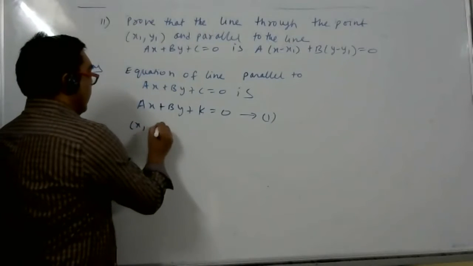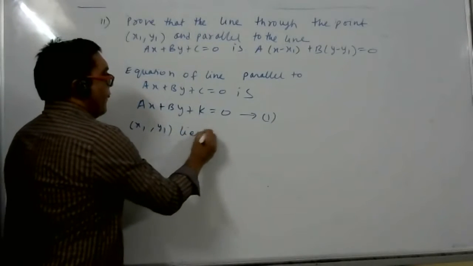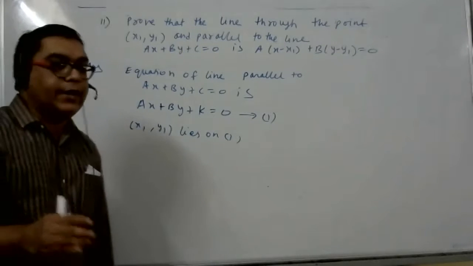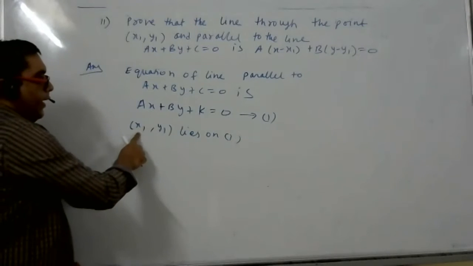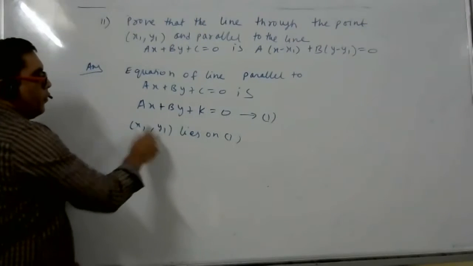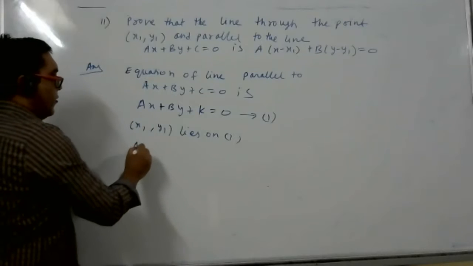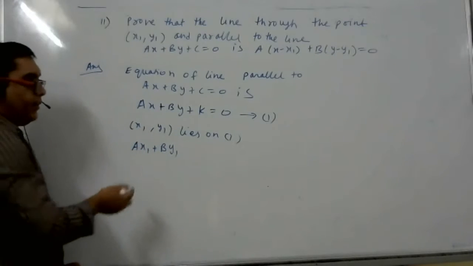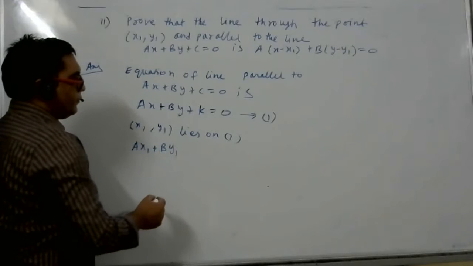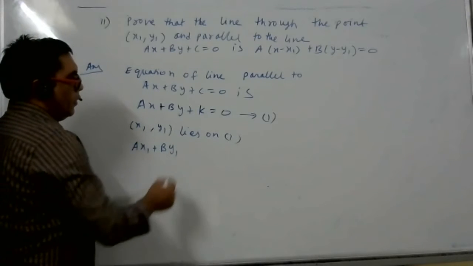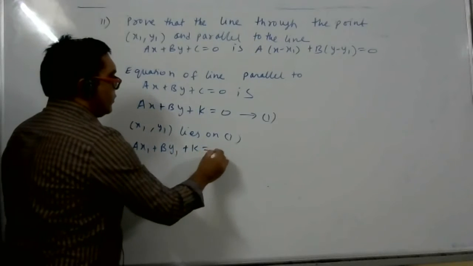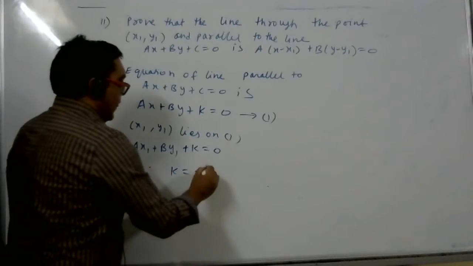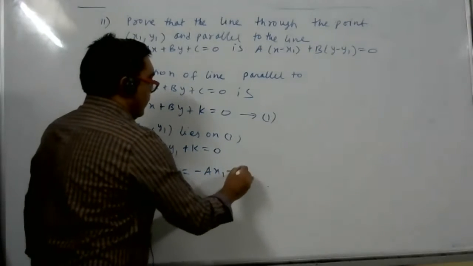Satisfying the equation means, in the place of x, substitute the x coordinate, and in the place of y, substitute the y coordinate. What will come? ax1 plus by1 plus k is equal to 0. Therefore, k is equal to minus ax1 minus by1.